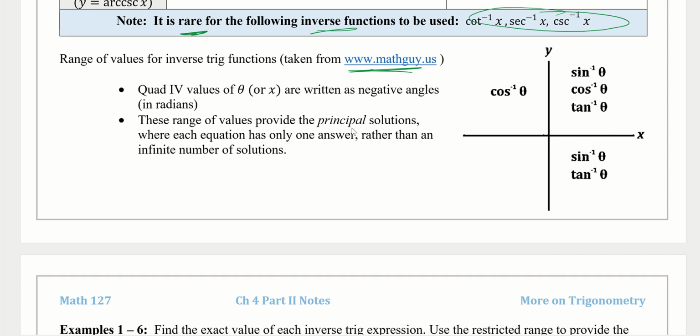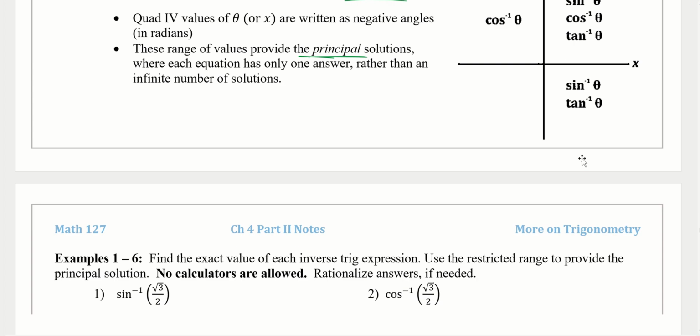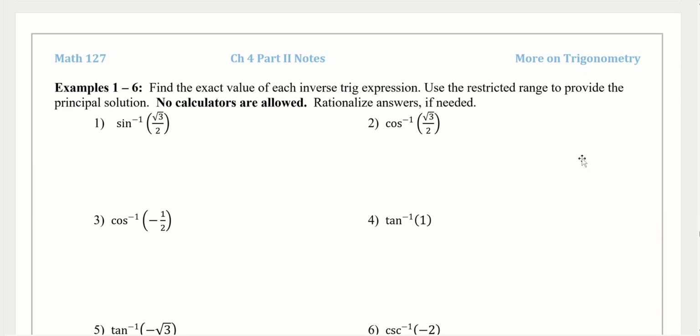Again, you'll see the term principal solution. Principal solution means the solution within that given range. So sine inverse is here, cosine inverse is quadrants 1 and 2, and tangent's going to be 1 and 4. So that's the tricky part.